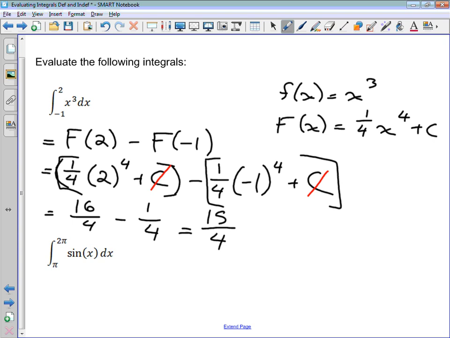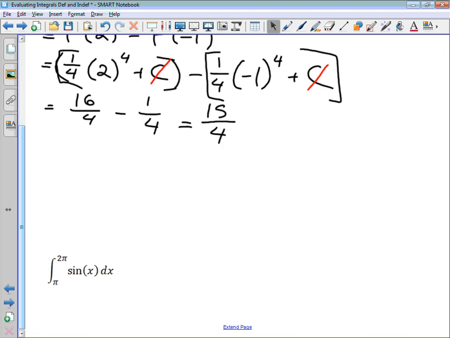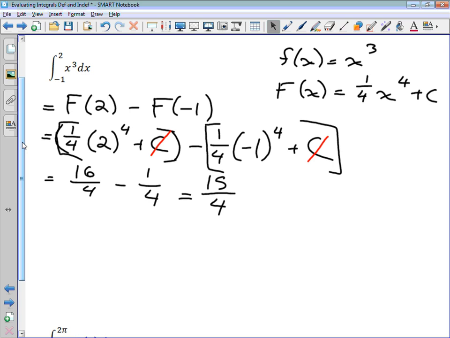Okay. Now, a notation that often gets used when we're doing these things is, if I extend the page here, rather than writing out this subtraction step in here, I'll just do this in blue down here.